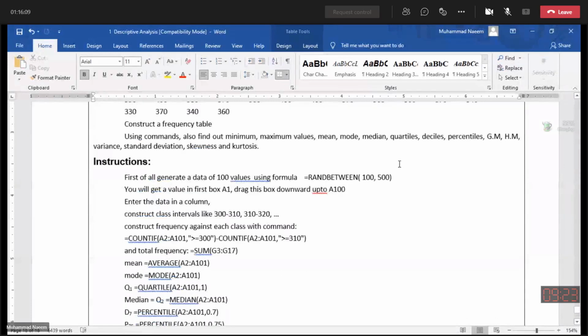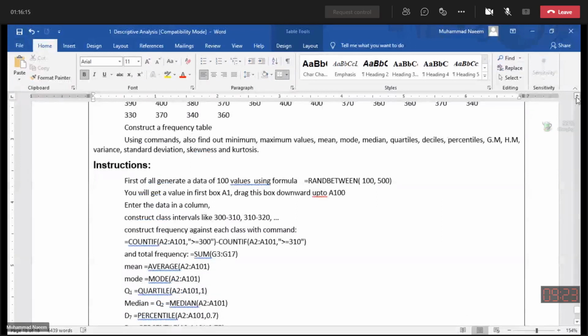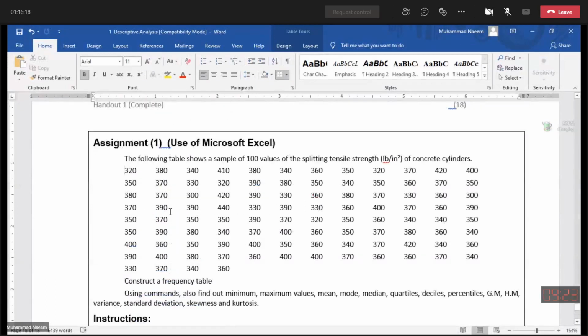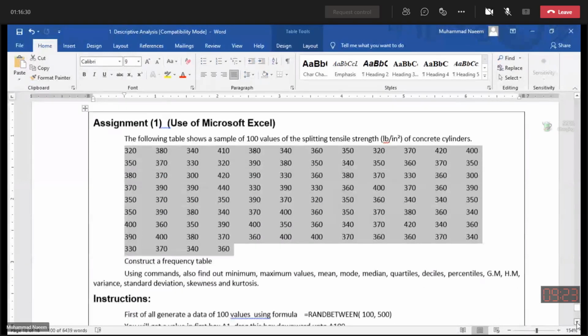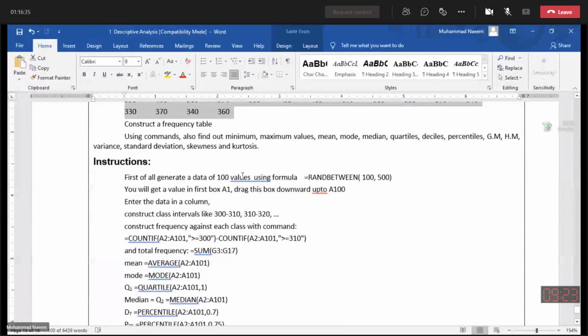Not necessary to use the same, generate by your own. So if you need to generate them from Excel, this is the command. Range is from 100 to 500. You will get a single value in the first box. Drag it downward up to 100. You will get values ranging from 100 to 500.